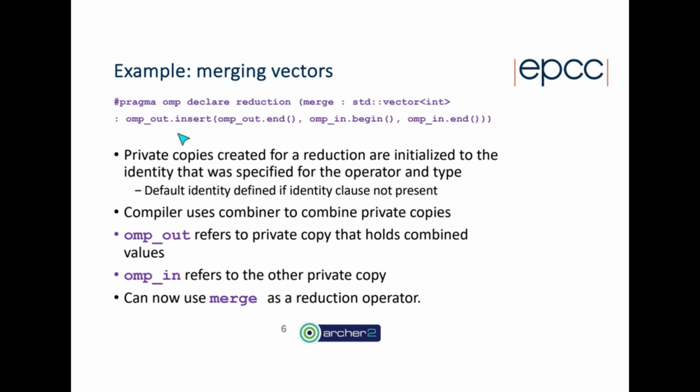To merge vectors, in omp_out we insert at the end of omp_out the elements starting from the beginning of omp_in and going up to the end of omp_in.